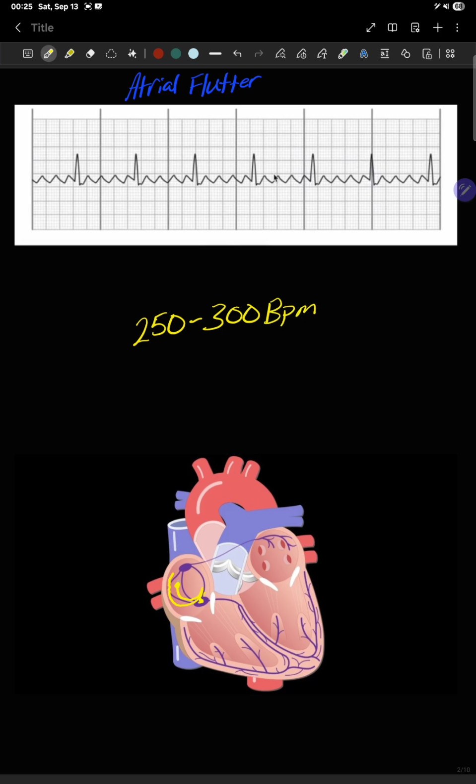Okay, so now just imagine 250 and 300 beats trying to get into here to send down and cause a ton of chaos in those ventricles.